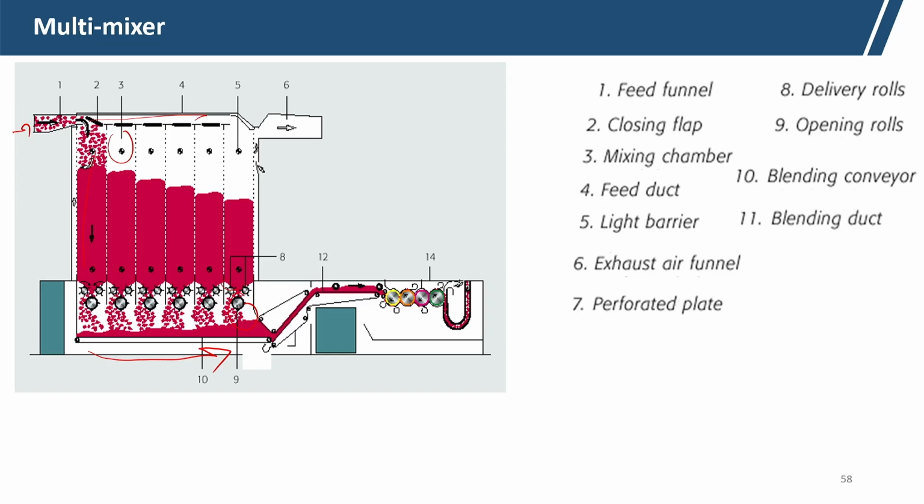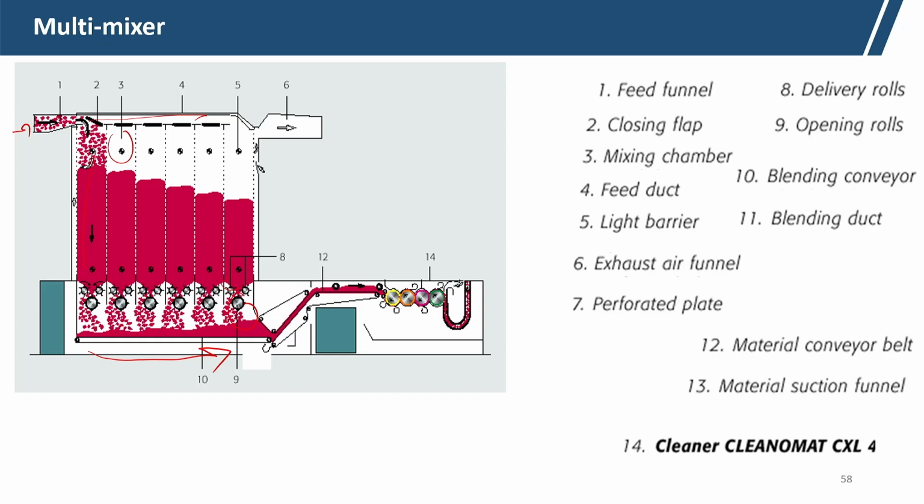And the blending duct is there, this is 11, the blending duct. Then the metering conveyor and material suction funnel, this is the suction funnel, and then this is a Cleanomat Excel. So, here we are getting the blended product, blended material, okay.